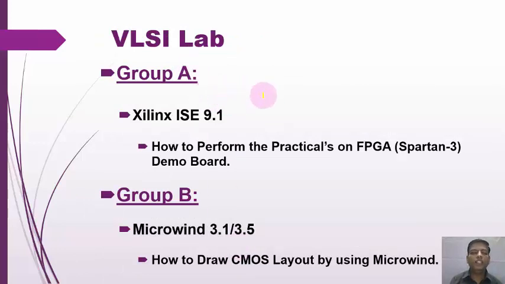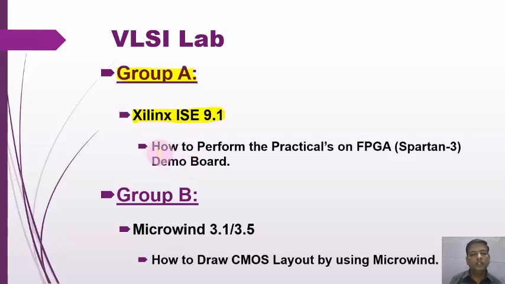For the VLSI lab, we have two main sections, group A and group B. The group A practicals are covered on the Xilinx ISE platform, version 9.1, 9.2 or many more versions available for the Xilinx ISE simulator.